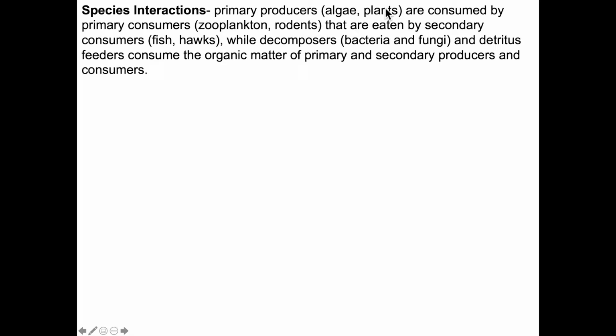And then the decomposers can come in, the bacteria and the fungi, and the detritus feeders are going to consume little bits and pieces of organic matter that other organisms discard. So the decomposers are going to be the batting cleanup in this particular ecosystem.